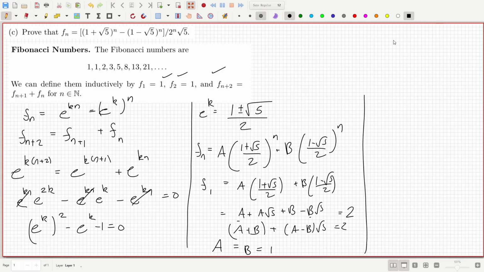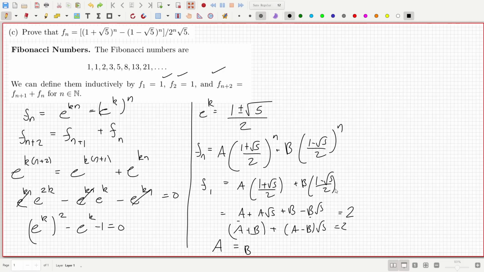So I believe it's going to be Fn equals 1 plus root 5 over 2 power n plus... no, I guess that's not going to work.